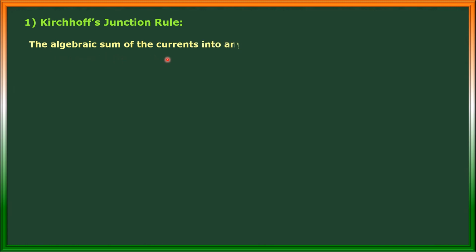Let us study Kirchhoff's junction rule. Kirchhoff's junction rule states that the algebraic sum of the currents into any junction is zero. It can be written mathematically as summation I at junction is equal to 0.